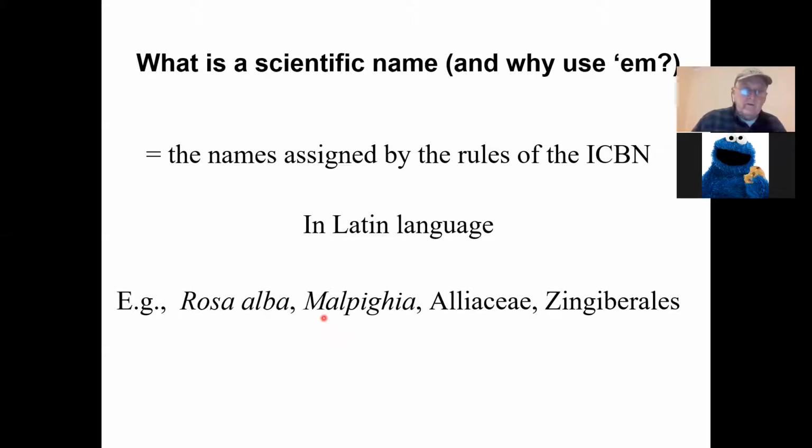Okay, that's the convention of the International Code. The family name, like Alliaceae, which includes the onions, and the Zingiberales, which is a big monocot order including ginger and some other things, don't have to be in italics or underlined.